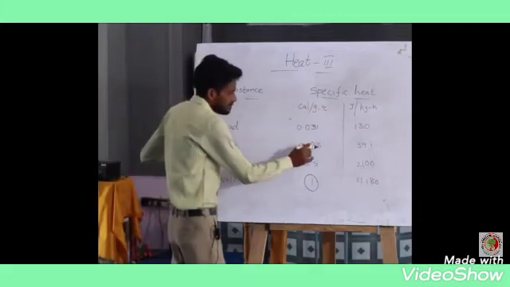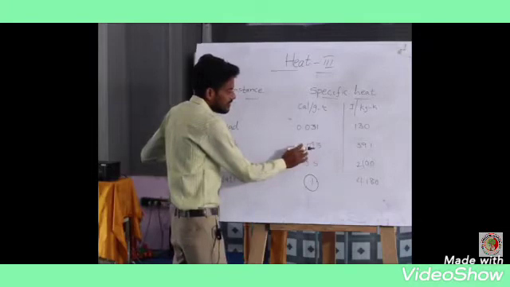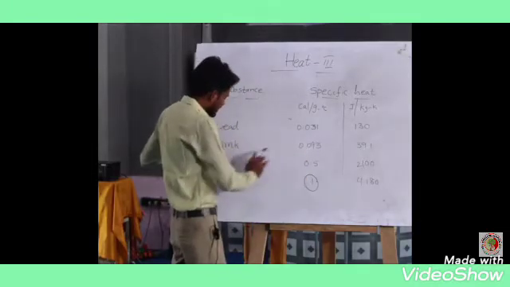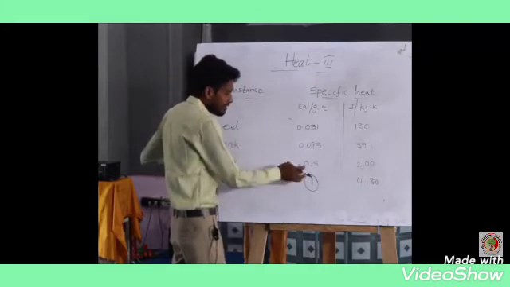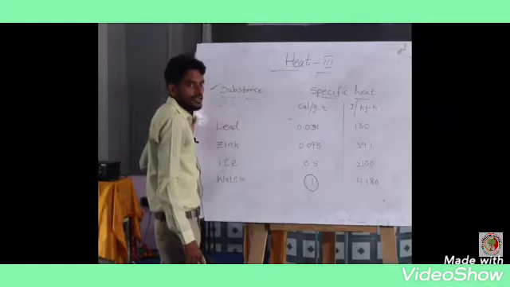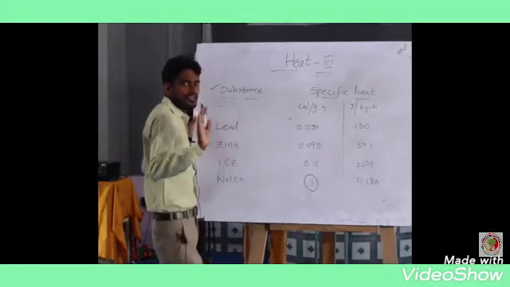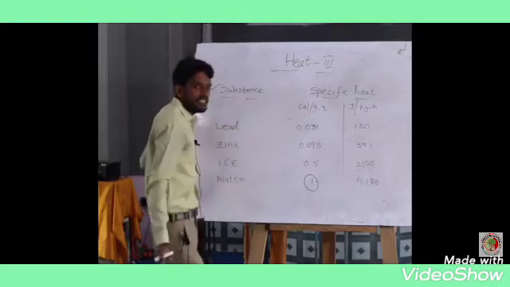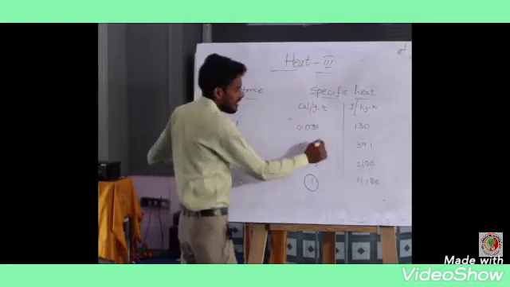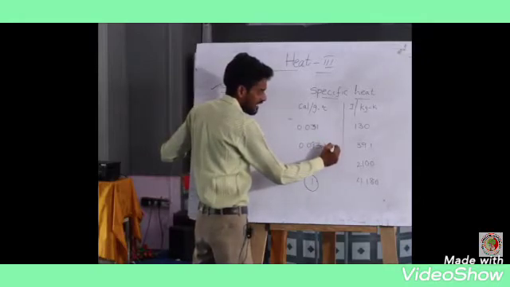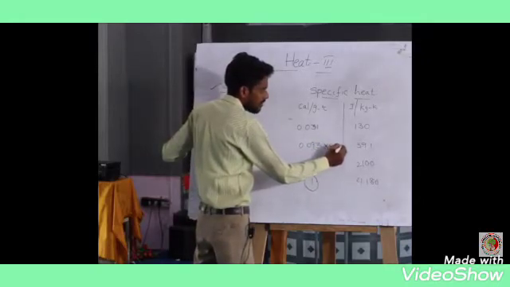If you want to measure specific heat, 0.090 for zinc, ice 0.5, that means half, water 1. Sir, we would not like to learn calorie per gram degree centigrade. No problem, you can convert this value by multiplying by 4.186 or 4.2 into 10 to the power of 3.